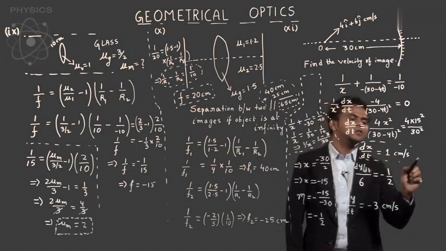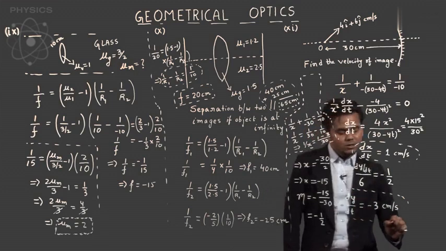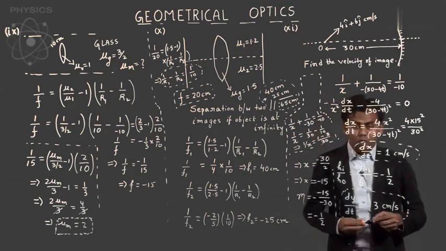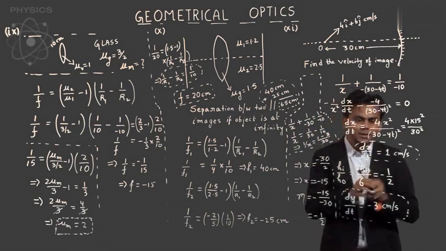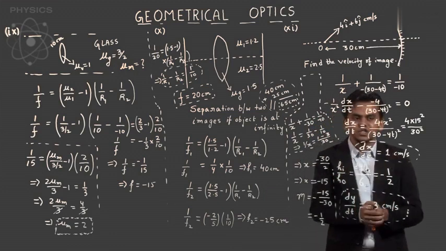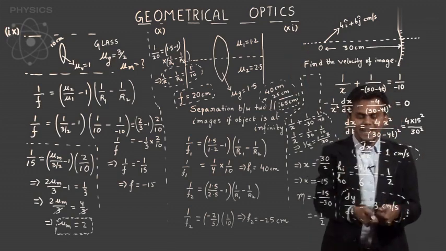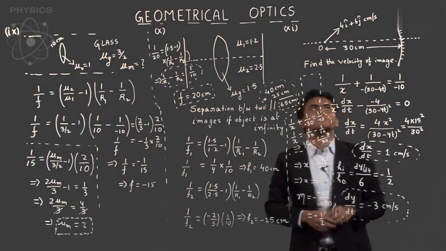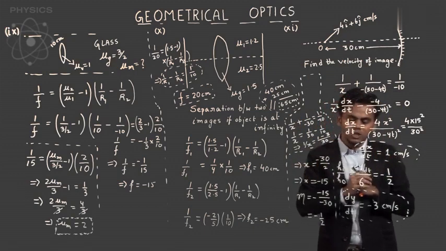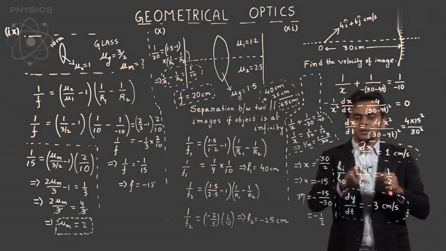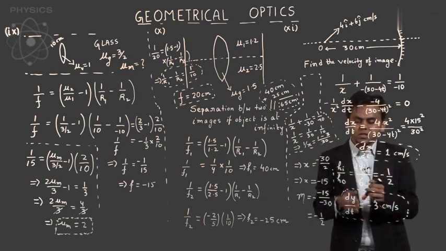Remember these values. Why are you needing them? You need them because these two are the components of velocity of the image in x direction and in y direction. Positive means towards the right, negative means towards below. So if my question was to find the velocity of the image, what I will do is dx upon dt i cap plus dy upon dt j cap.